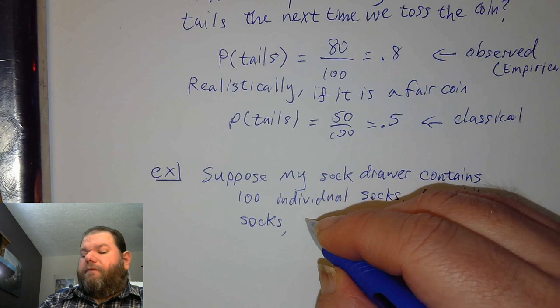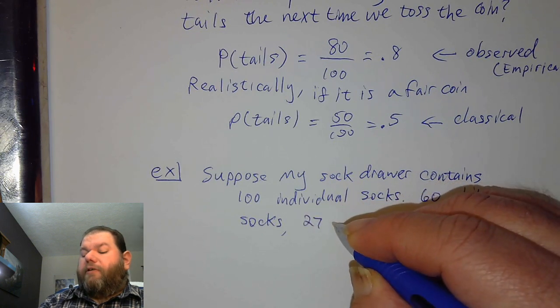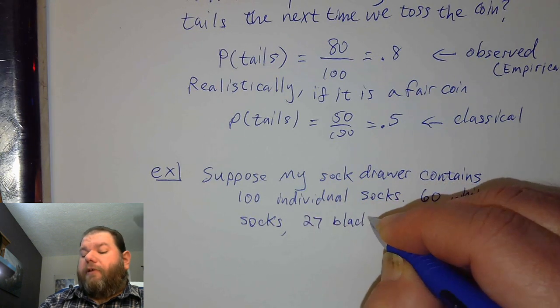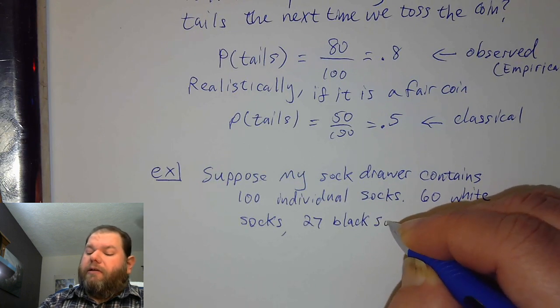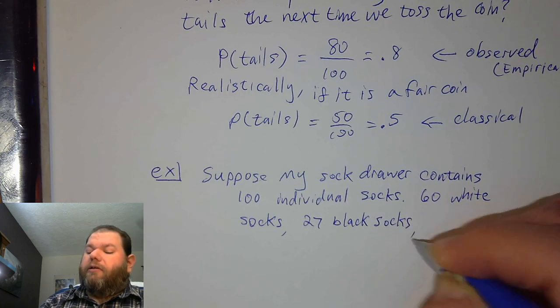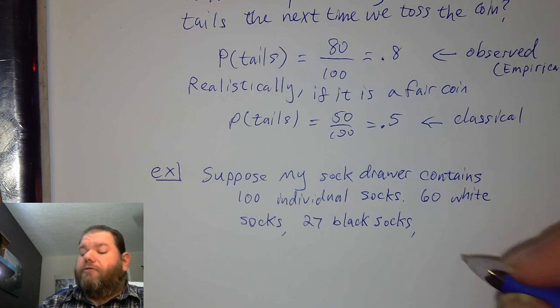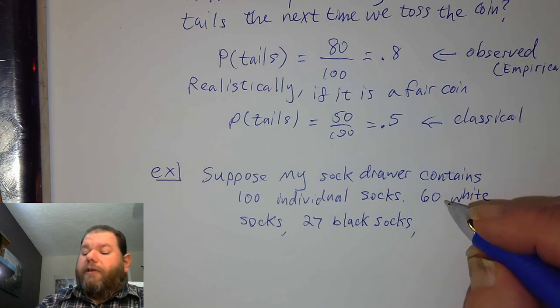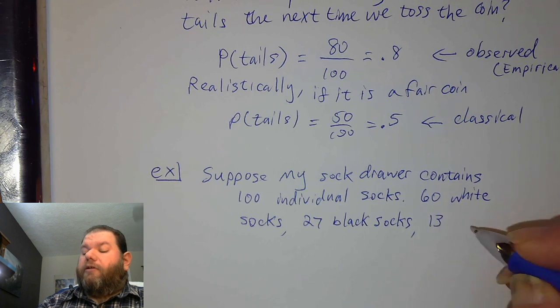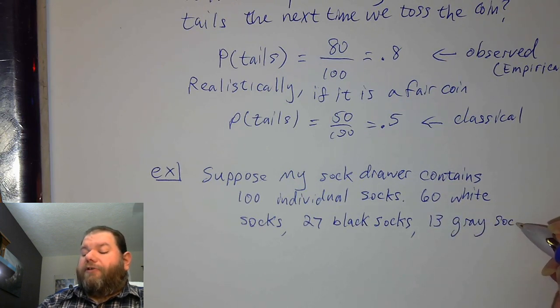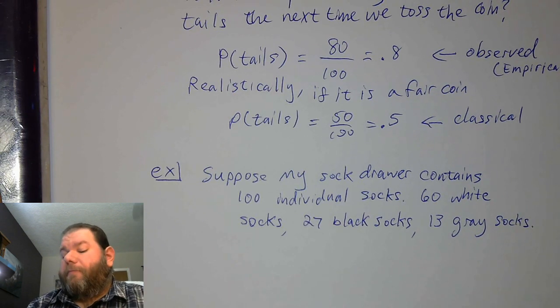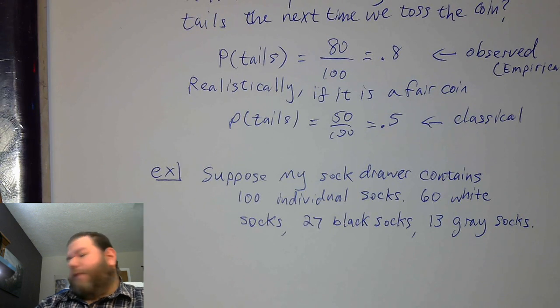Maybe we have 27 black socks because I've lost one somewhere in the washing machine or dryer. And then what's left? 13 gray socks. We've actually lost 3 of those, it turns out. That adds up to 100, I'm pretty sure.